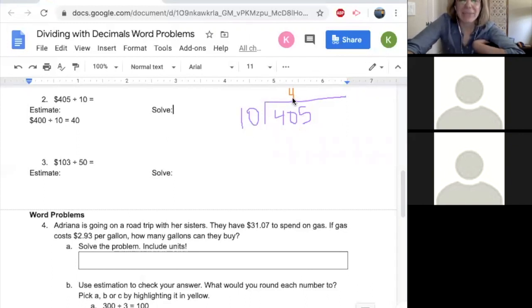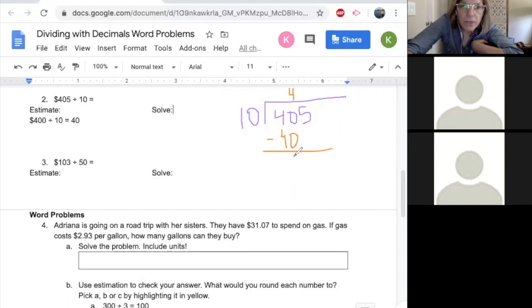So 4 times 10 is what? 40. And then what do I do with these two? What operation do I do here? Subtract. Good. Minus. 40 minus 40 is 0. Good.